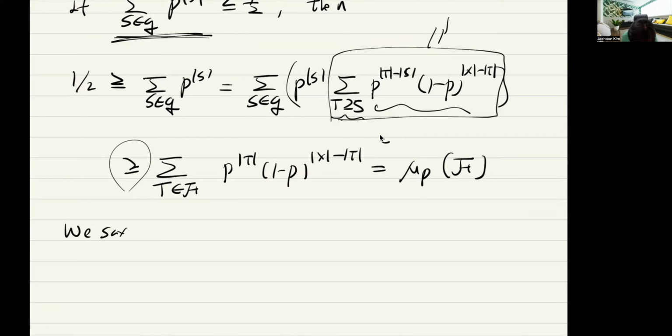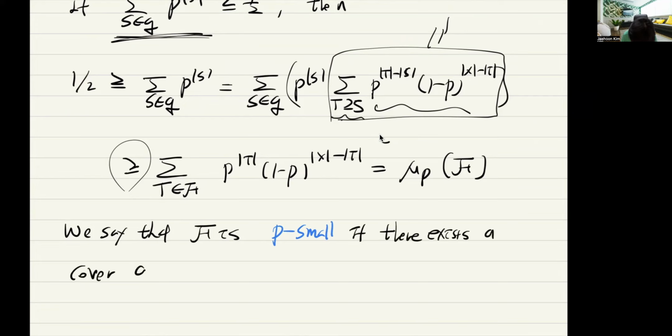And we say that F is P-small if there exists a cover G with this property.